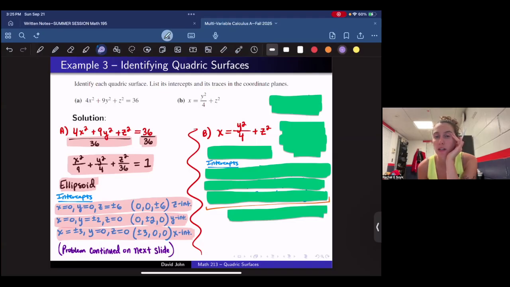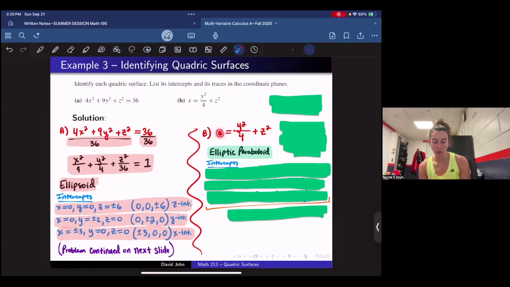We have this z squared, and then we can bring everything else sort of over. And in terms of looking at our x, y, and z intercepts, let's first start off with our z-intercept. So let's make x and y be equal to 0, and then we get just 0, 0, 0.